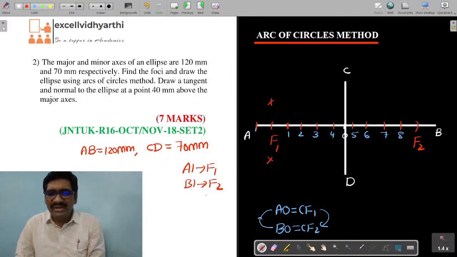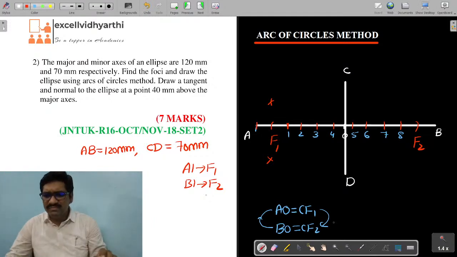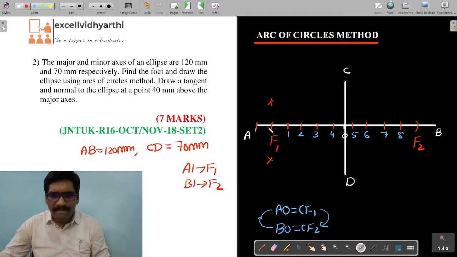So what about the next one? Next point. Simply go for A2 and B2. So A2 as radius, F1 as center. Draw the arcs. Next B2 as radius, F2 as center.